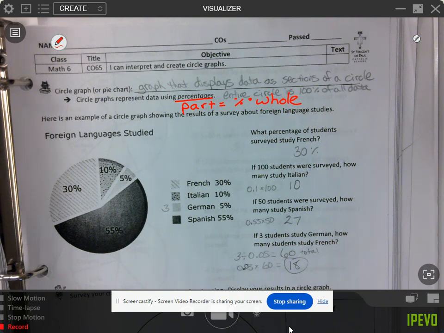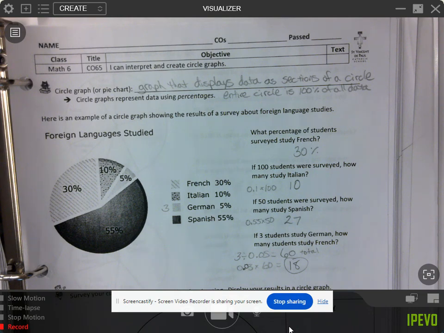When we go through our help sheet, we need to remember this equation because it will help us to answer those questions and be able to interpret the graphs and answer our questions. So the circle graphs use percentages, and we need to know that equation to help us answer.